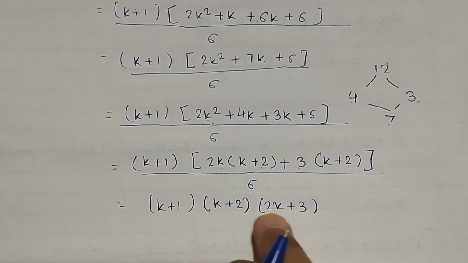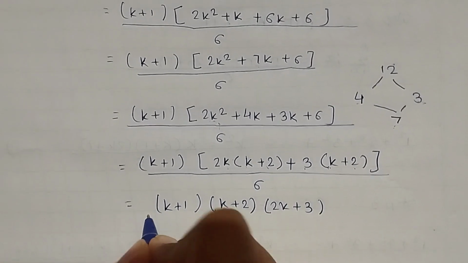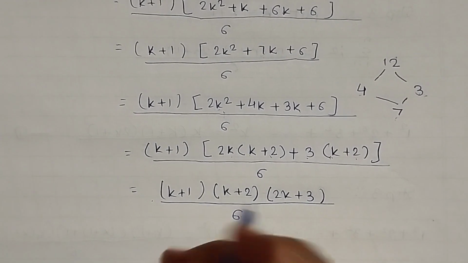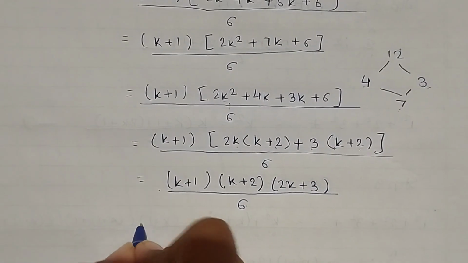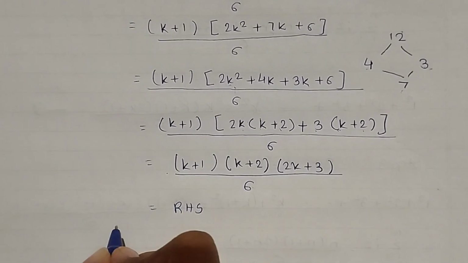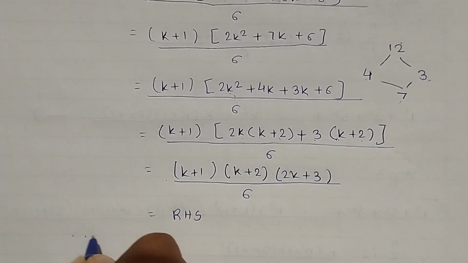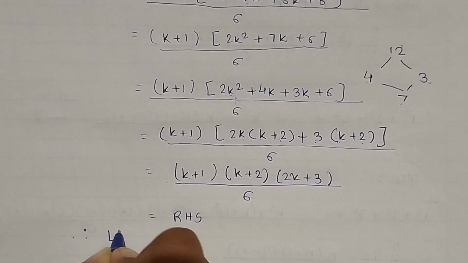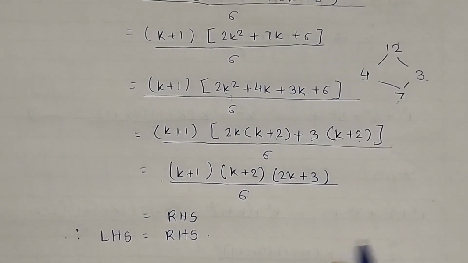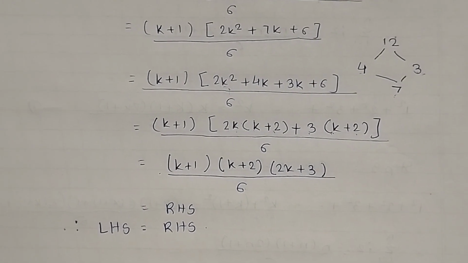So in this way we write this equation divided by 6. And if we observe carefully, this is the RHS. So we can say LHS is equal to RHS, and hence we prove it.